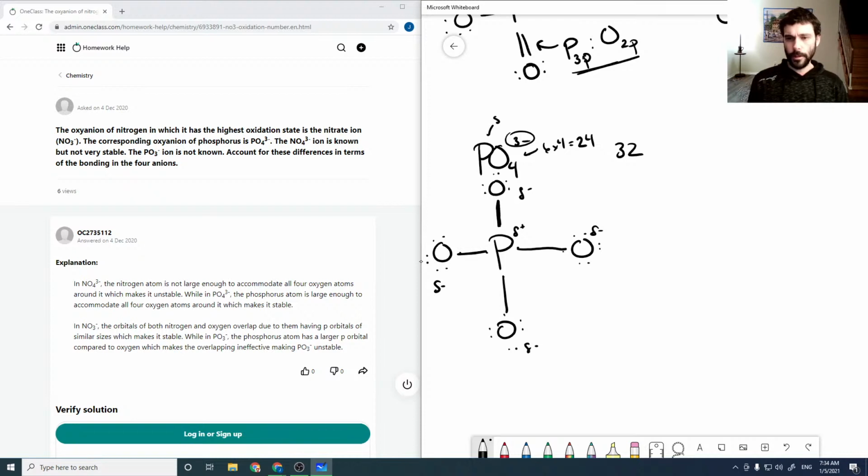Or alternatively, we could pull that in and give us a structure like this, which is now resonance stabilized, because our phosphorus can become hypervalent.